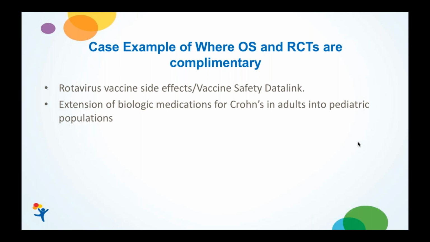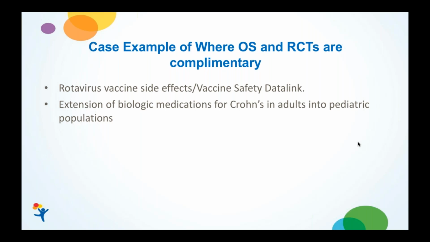Then something called the Vaccine Safety Data Link, which is an observational study tool that captures data on millions of people, started to show a signal where the rotavirus vaccine seemed to be associated with an increased rate of intussusception among infants compared to baseline rates. Then they were able to do more rigorous case control studies, a second level of observational studies, and they concluded that that actually probably was the case, and so the vaccine was pulled off the market.